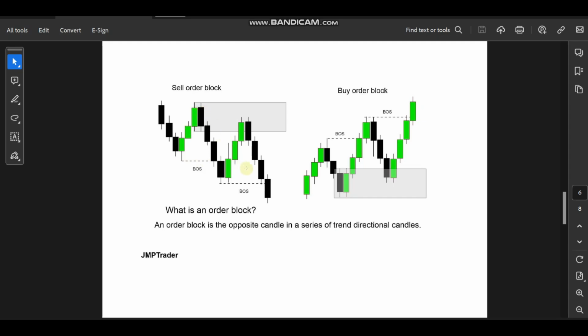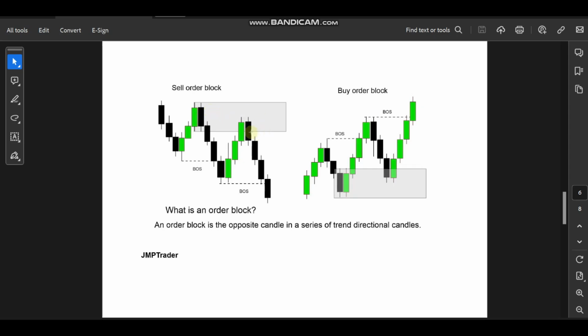Now this is a sell market, so you can see we have a sell candle, a sell candle, a sell candle. We have a sell candle, a sell candle, a sell candle, a sell candle. In these sell candles, the first opposite candle here is this green candle. So this candle became the order block.